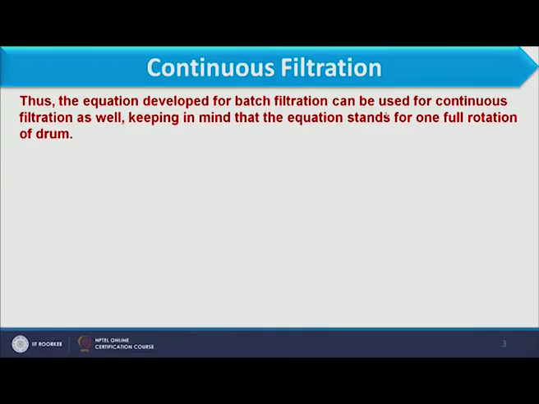So when we compare continuous and batch filtration, one rotation of continuous filtration is equal to one cycle of batch. Thus the equation developed for batch filtration can be used for continuous filtration as well, keeping in mind that the equation stands for one full rotation of the drum.